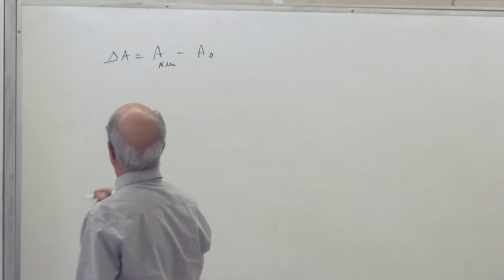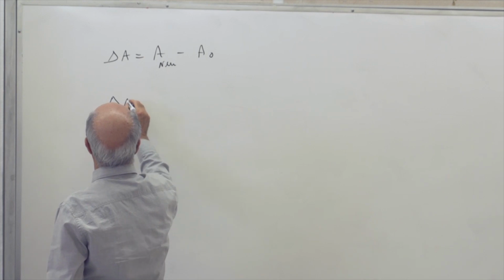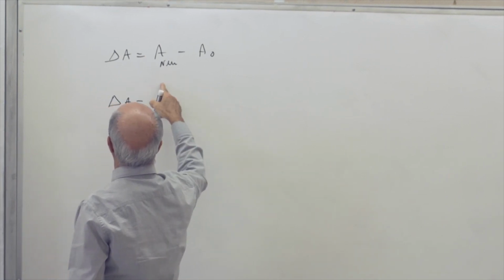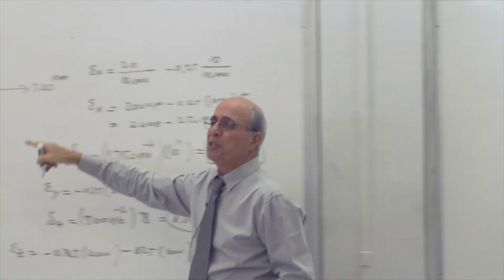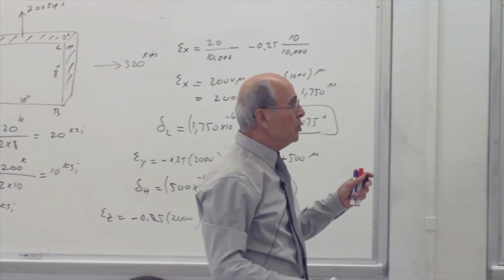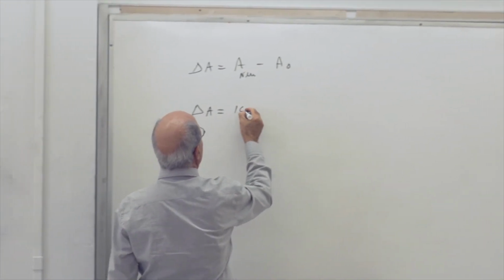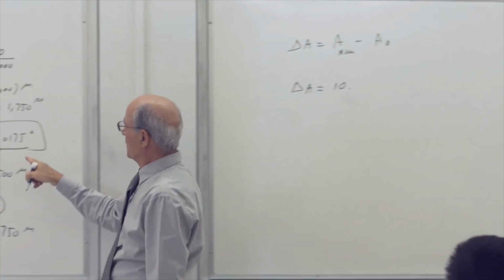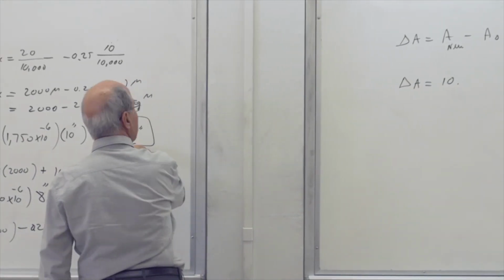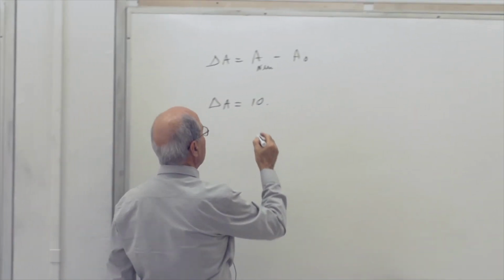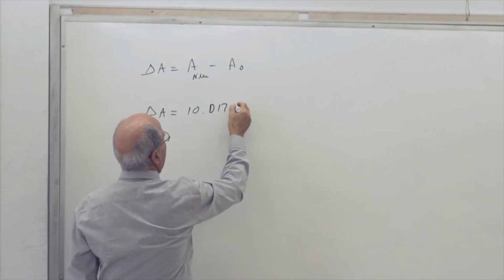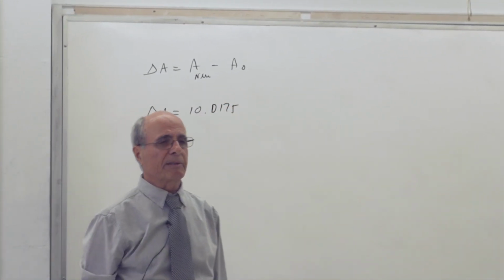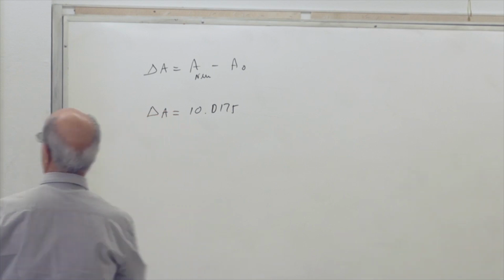If I want to calculate dA this way, the original length is 10 inch by 8 inch. The new length is the following: 10 point what? I'll put it there for you to see. 0.017. Yes or no? Everybody see what I'm talking about there? Correct? That is how much change delta we had.